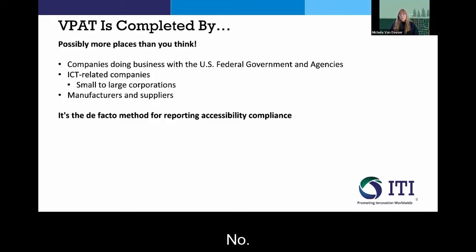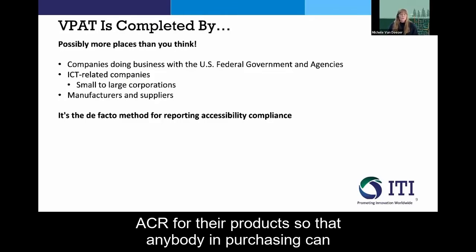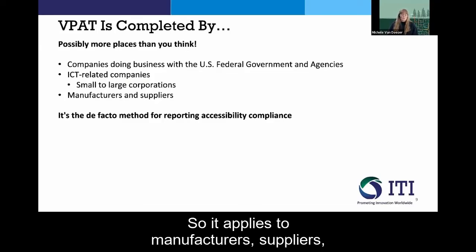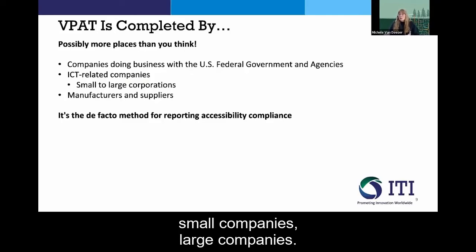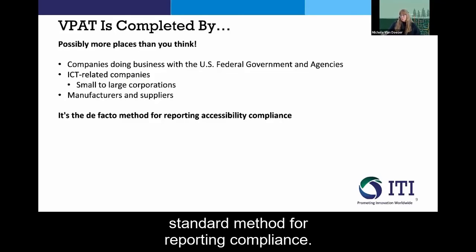No. Anybody who's selling products needs to be writing an ACR for their products so that anybody in purchasing can evaluate the accessibility of the product. So it applies to manufacturers, suppliers, small companies, large companies. Everybody needs to be doing accessibility conformance reports. It's the standard method for reporting compliance.